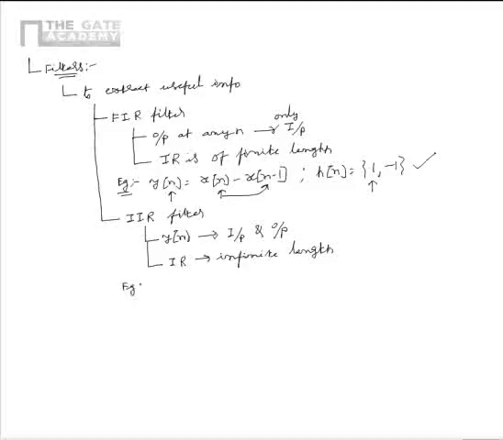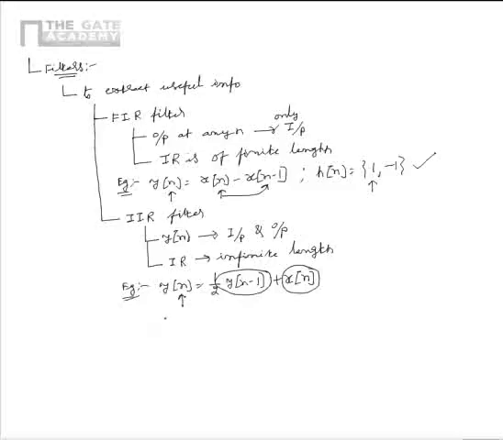For example, y of n is equal to half multiplied by y of n minus 1 plus x of n is an IIR filter. In this case, we see that the output at any instant n depends on the output at other instant and the input.